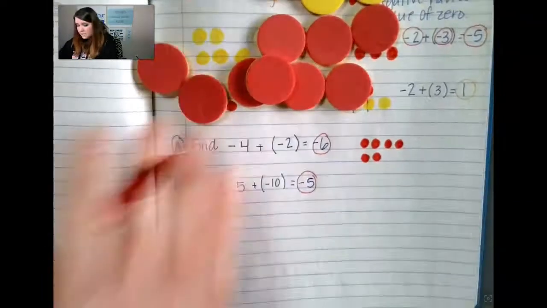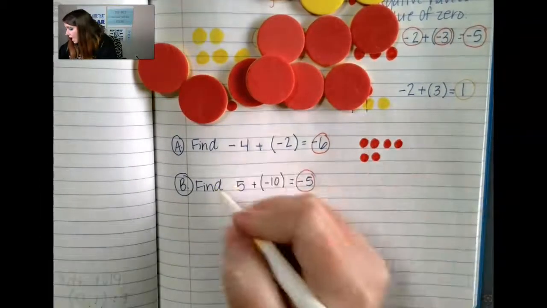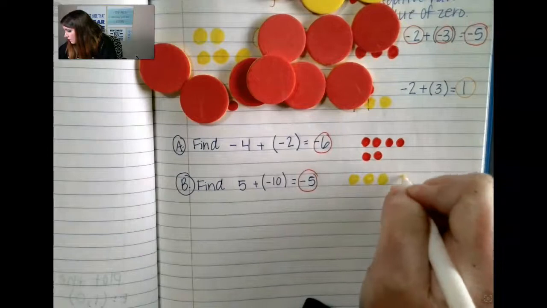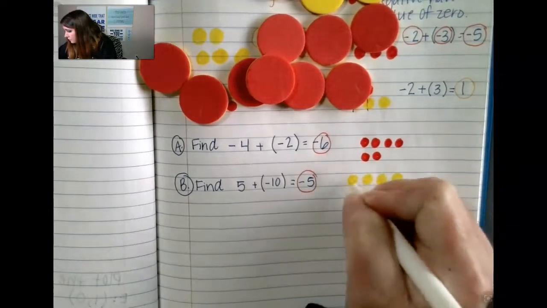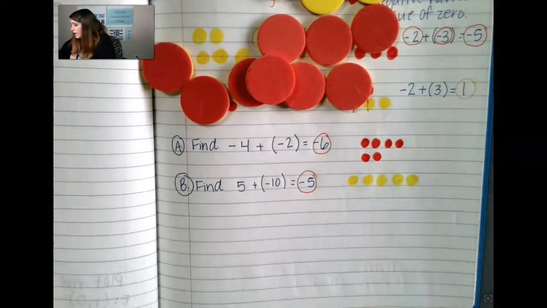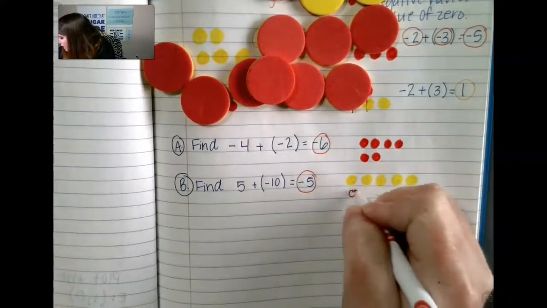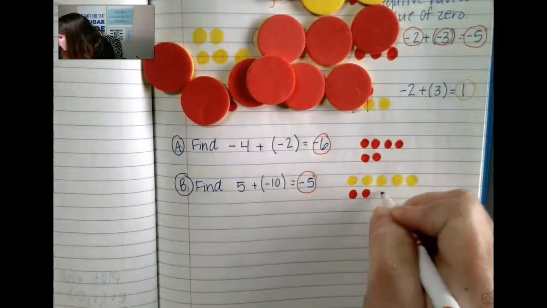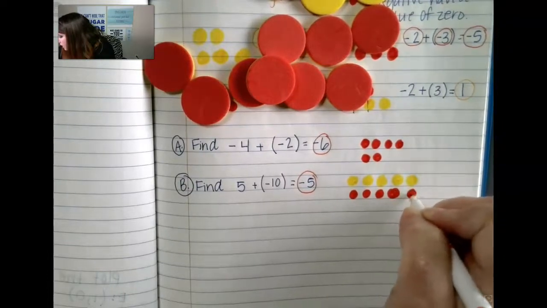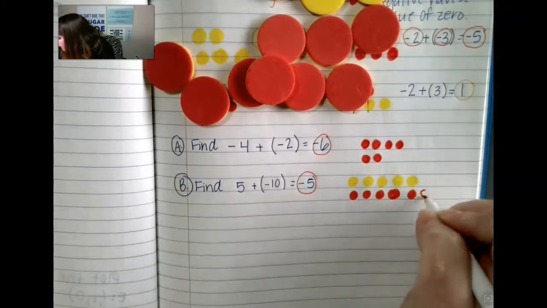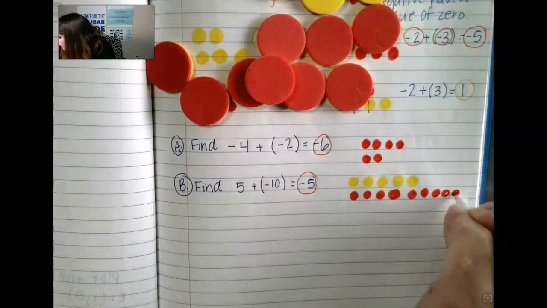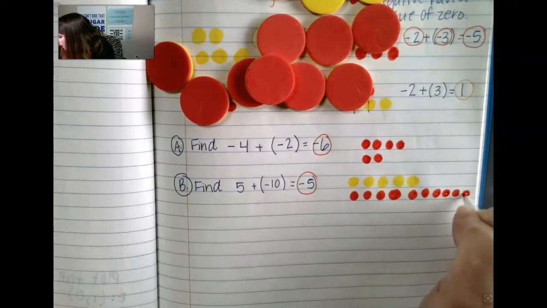Okay, we can even draw this one out. So we had 5 positives: 1, 2, 3, 4, 5, and then I needed to add on 10 negatives: 1, 2, 3, 4, 5, 6, 7, 8, 9, and 10.